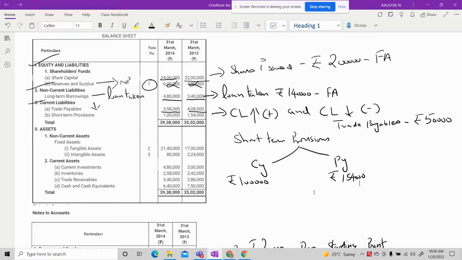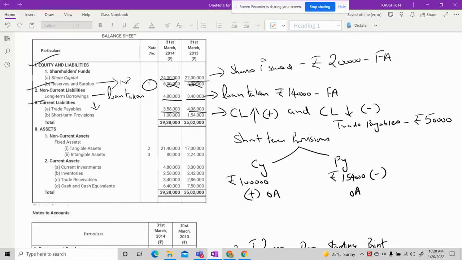In that situation, the current year short term provisions will be added in operating activity, whereas the previous year provision will be subtracted in the operating activity, right?